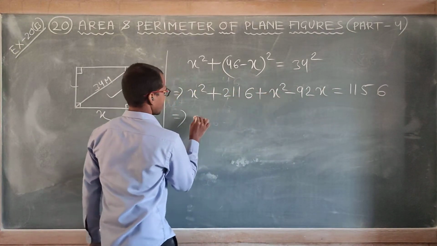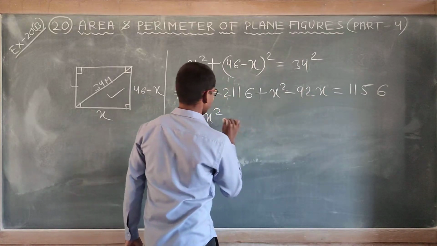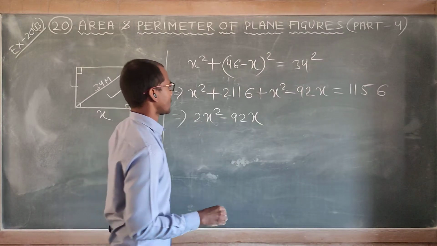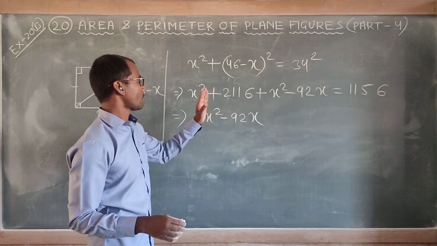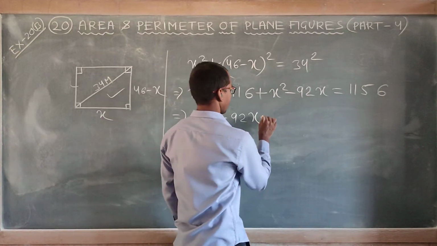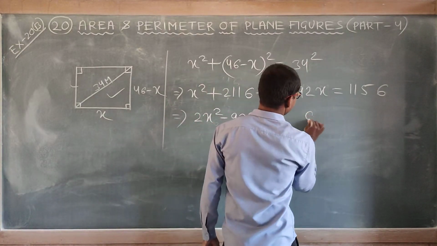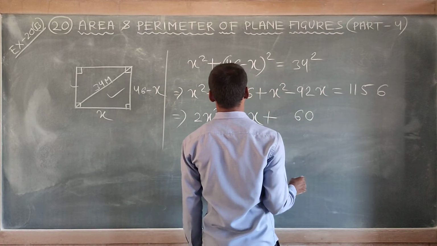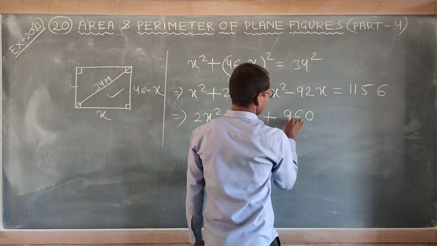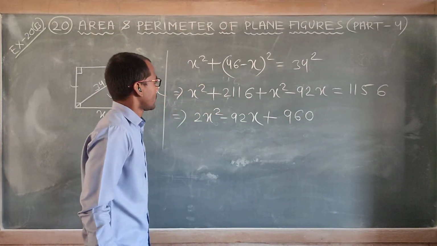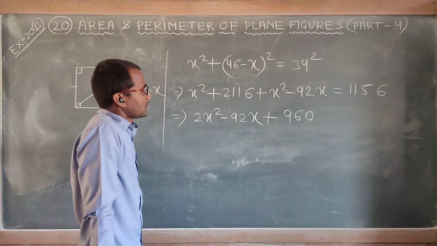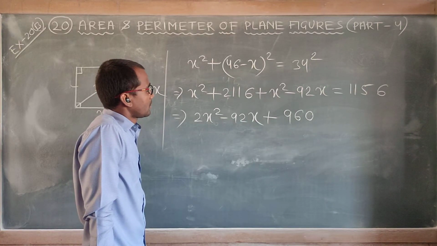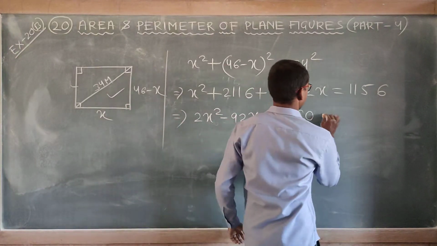So x square plus x square is 2x square minus 92x, plus 2116 minus 1156, which is 960, equals 0.